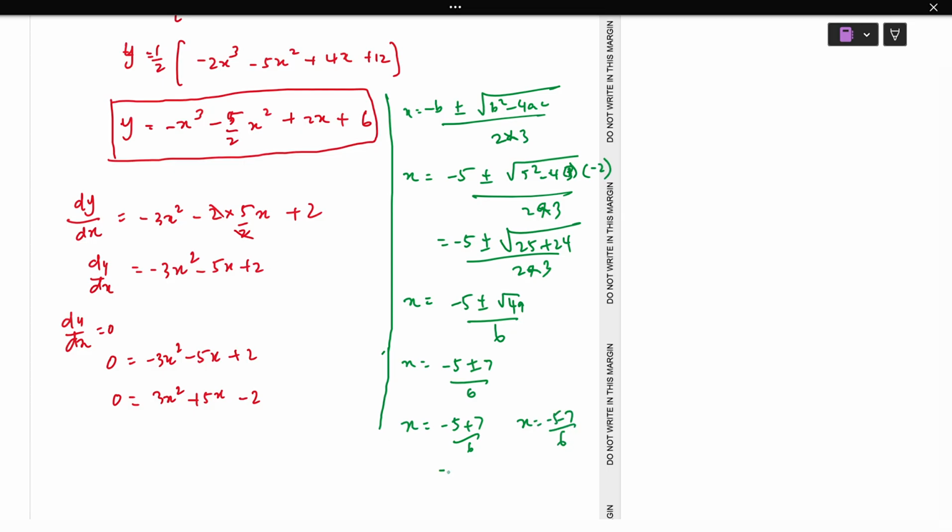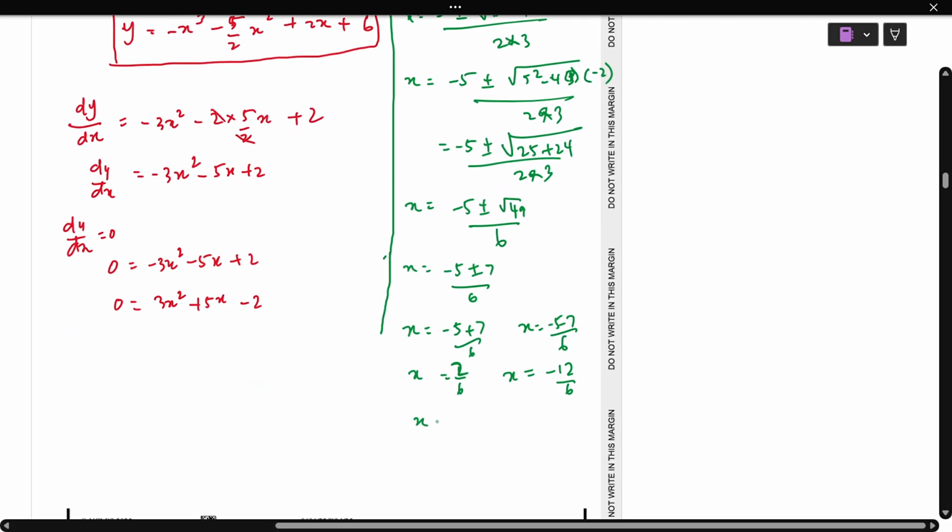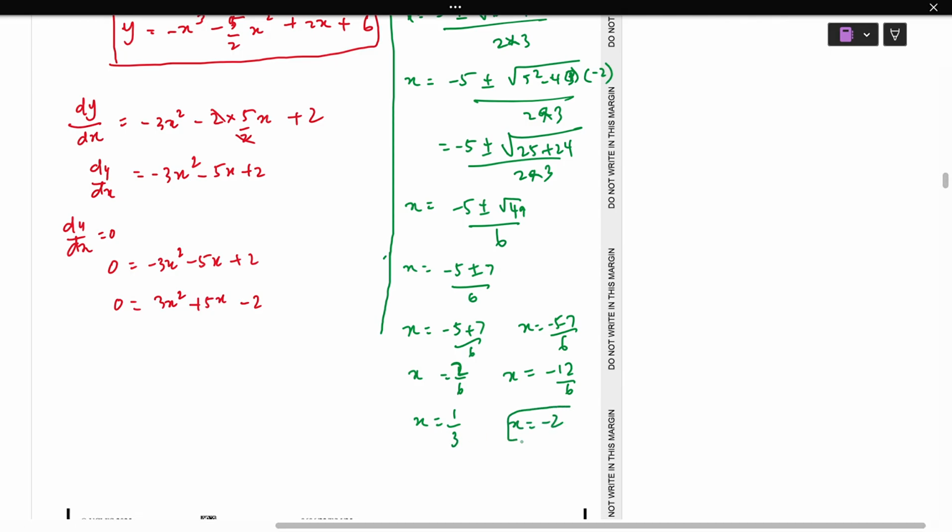So which is 2 by 6 and negative 12 by 6. So one x is going to be 1 by 3, another x is going to be negative 2. That's the final answer when we use quadratic formula.